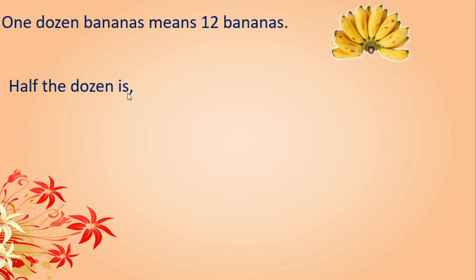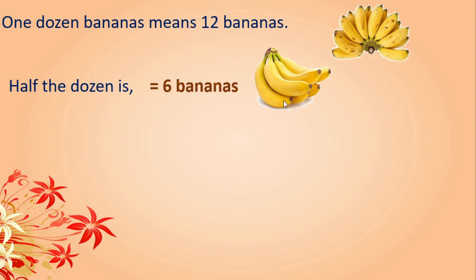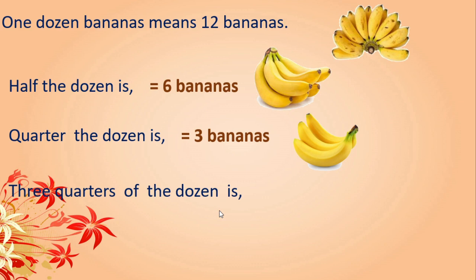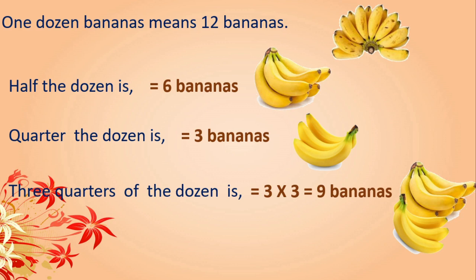Half the dozen is equal to how much? 6. Very good. 6 bananas. Tell me, what about the quarter dozen? Half of 6, that is 3 bananas. Very good. And what about the 3/4 dozen? 3 multiplied by 3. That is equal to 9 bananas.